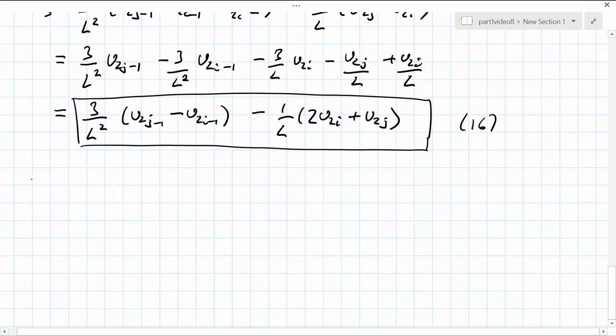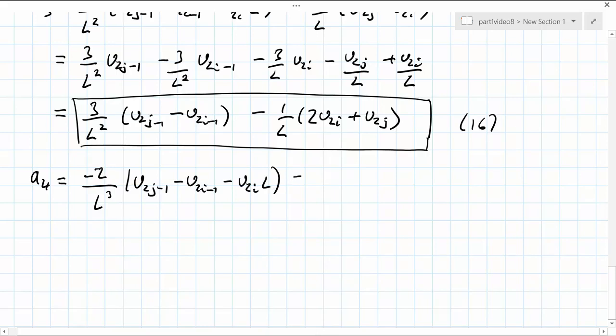Similarly, for A4, we have minus 2 over L cubed times by U2j minus 1 minus U2i minus 1 minus U2i times by L plus 1 over L squared U2j minus U2i.